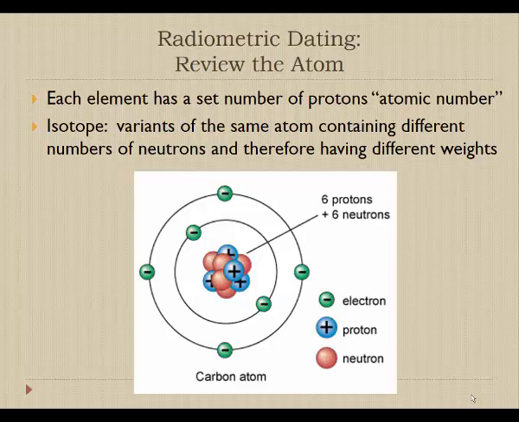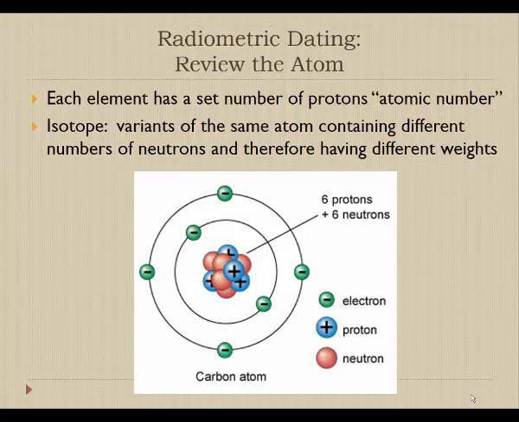So while the number of protons in an atom, its atomic number, is very set, it's not something that can change, the number of neutrons may be able to increase or decrease, and so many atoms have different versions or different forms of that atom that can exist in nature with different numbers of neutrons. So for instance, carbon is most commonly found with 6 protons and 6 neutrons, and that gives it a weight of 12, 6 plus 6.